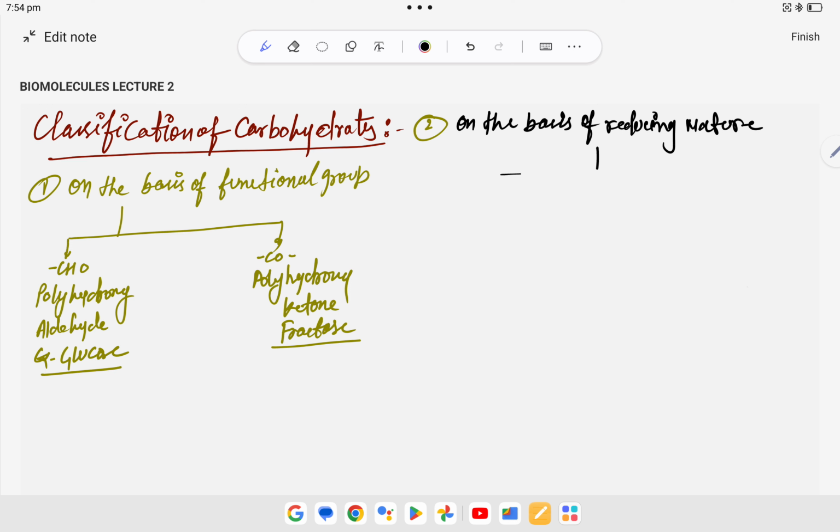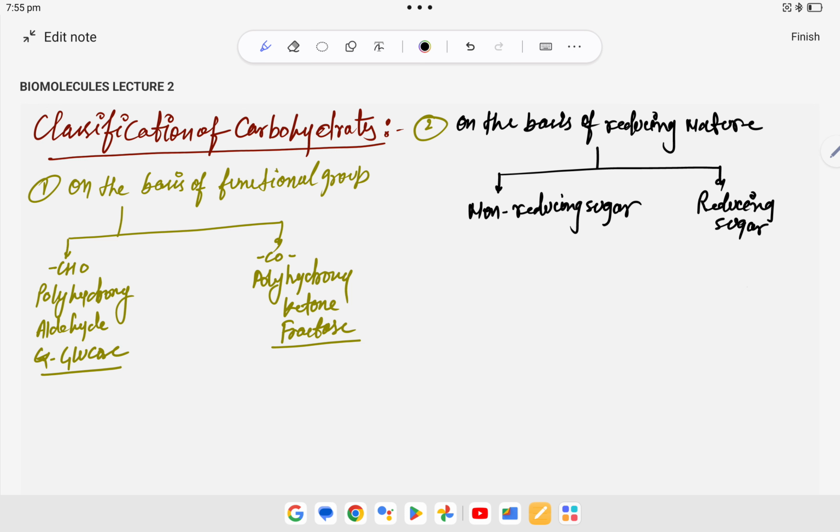Here also there are two types of classification: non-reducing sugar and reducing sugar.